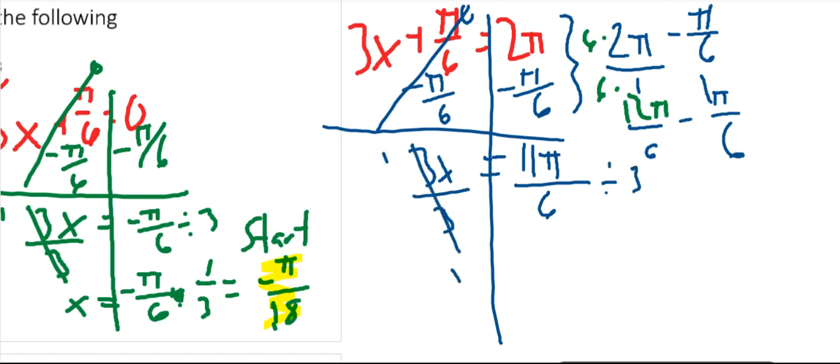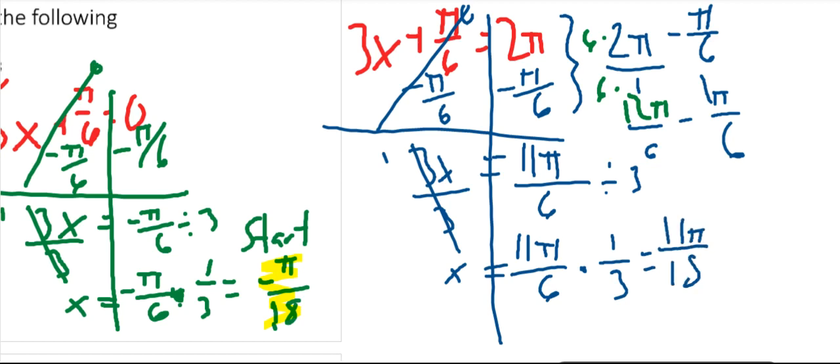Some of you are probably getting to the point where you don't have to write the divide sign. You can already jump into the keep, change, flip. So we're going to do times 1 over 3. And then we just get 11 pi over 18. So this right here is considered to be my end. Notice how it goes from negative pi over 18 to positive 11 pi over 18.